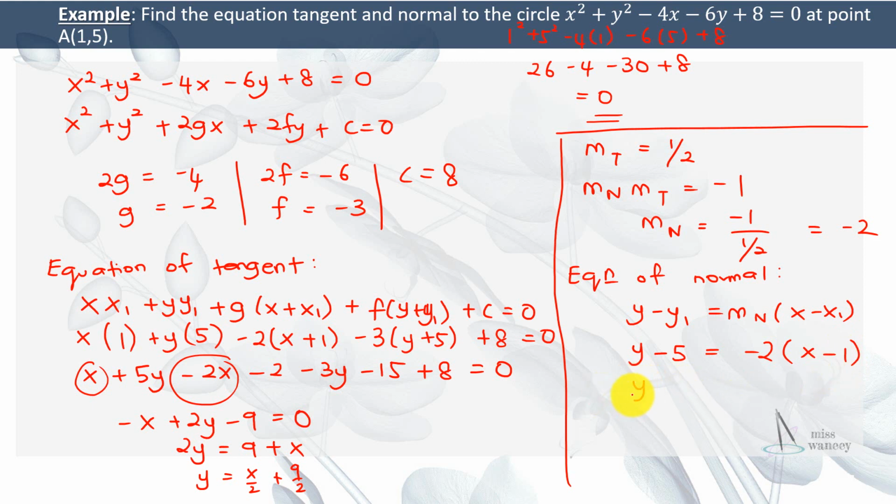This gives y minus 5 equal to negative 2x plus 2. Bring everything to the left hand side: y plus 2x, minus 5, minus 2, so negative 7 equal to 0, and that is the equation of the normal. Okay, see you in the next part.